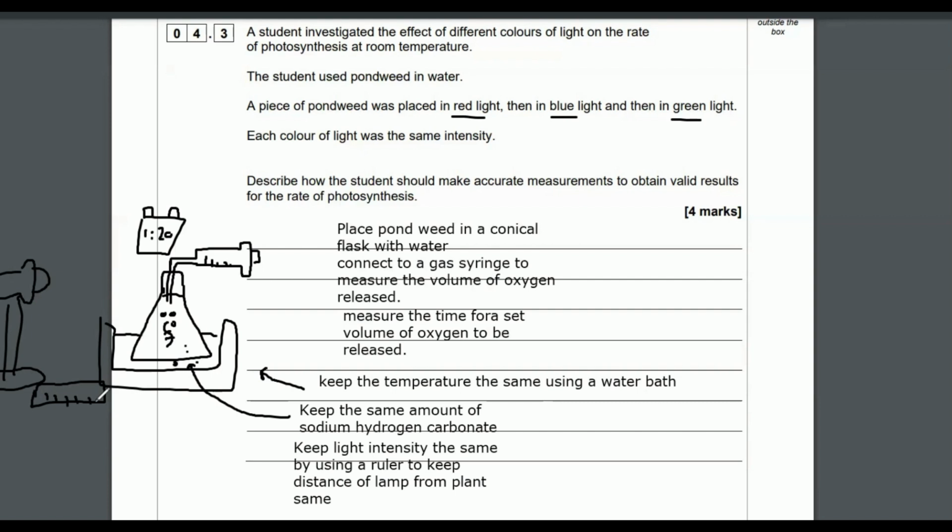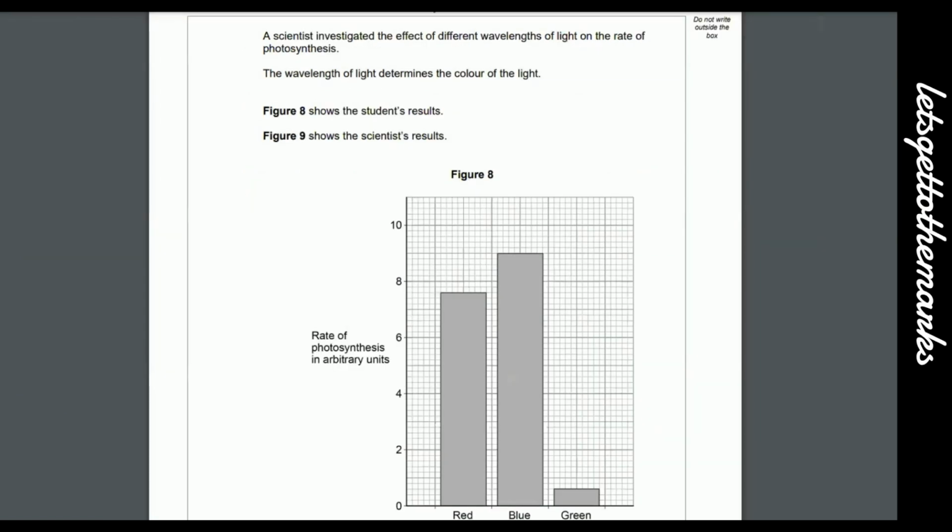We want to find out, is it the red, is it the blue, or is it the green that gives off the most oxygen in the same time? So maybe you say, how much oxygen can you give off in a minute? You start your timer, and you don't need to count the oxygen bubbles. You're measuring the volume of oxygen gas in the syringe after 1 minute. So we need to keep the temperature the same, the amount of carbon dioxide to the plant the same, and the same light intensity. And so this would get you all the marks.